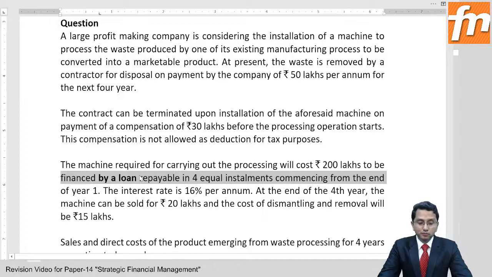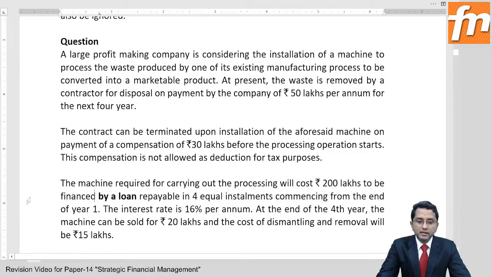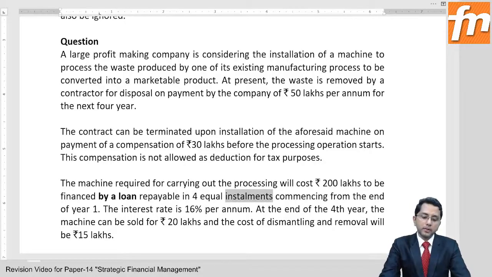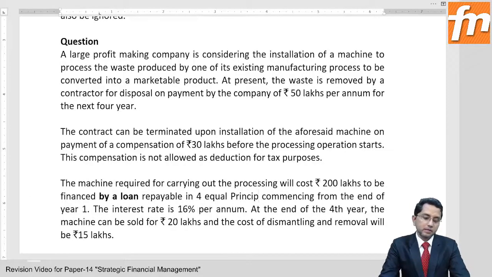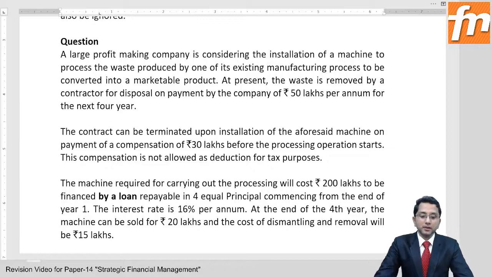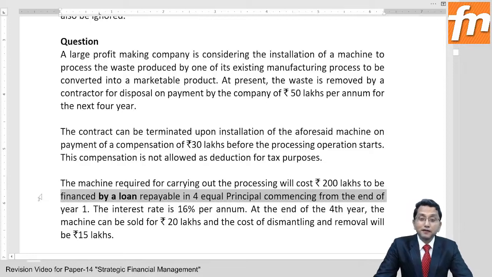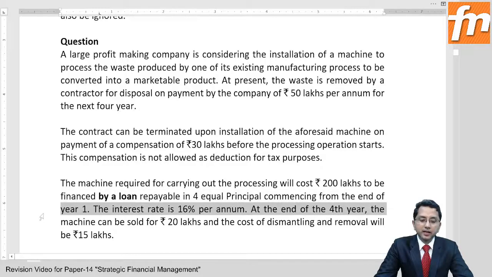So let's assume that here it's not equal installments, it's equal principal. 4 equal principal. So 200 divided by 4 is 50 lakh per annum you will repay. And on the outstanding balance, you will pay interest at the rate of 16% per annum.